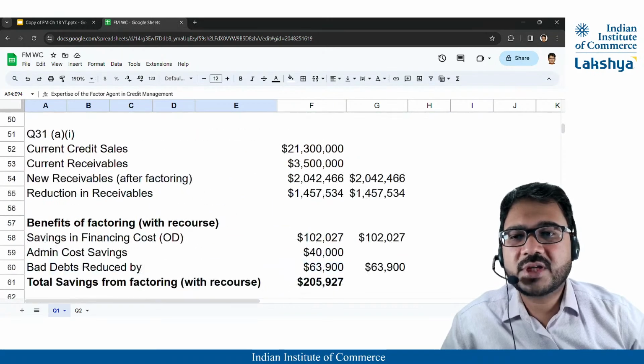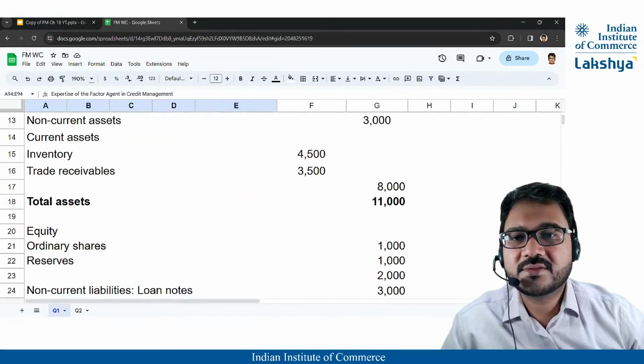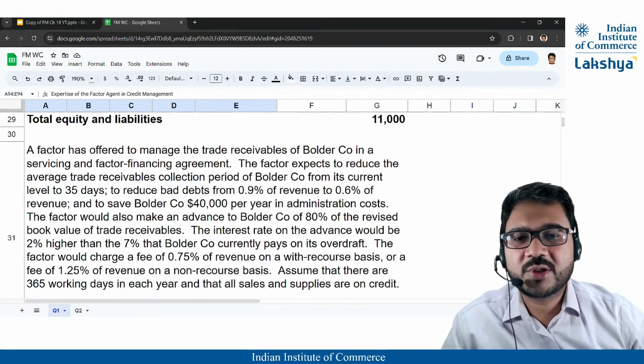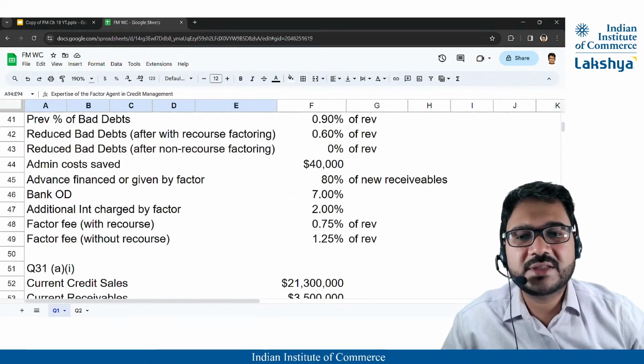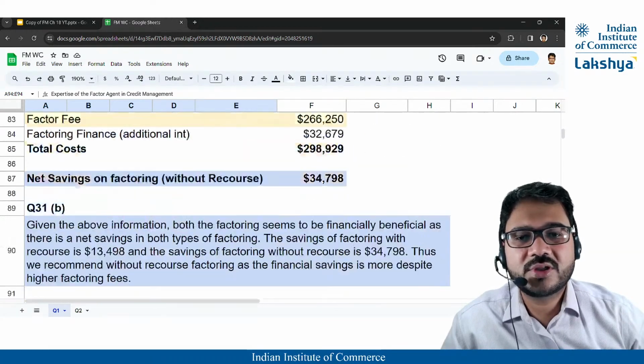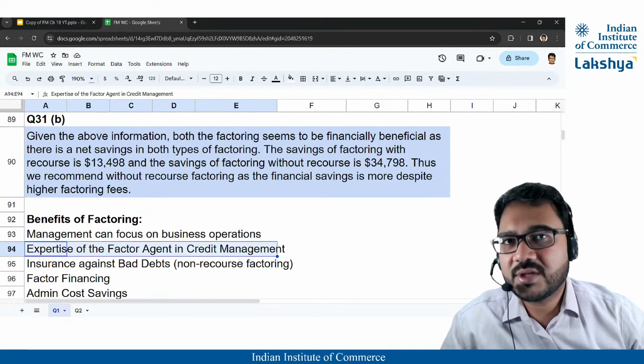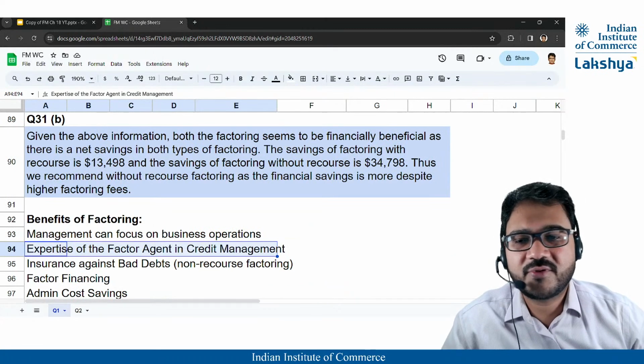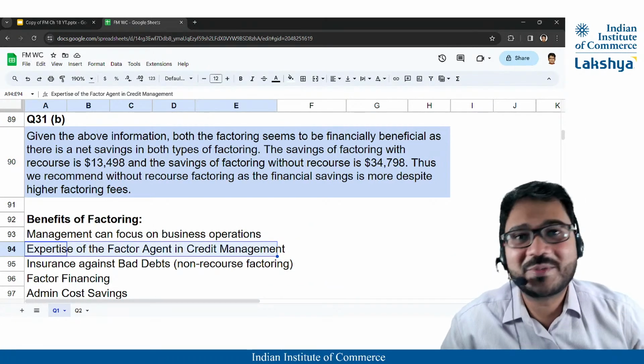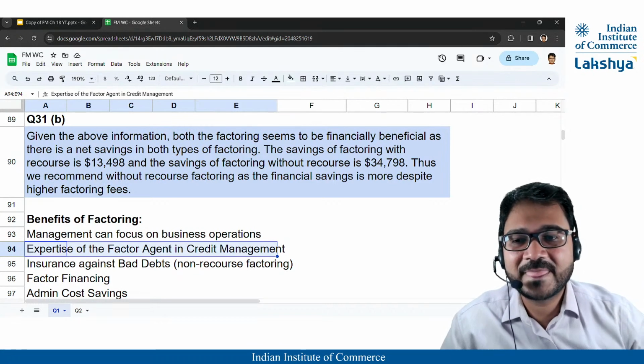What is our business? Our business must be something else. They haven't spoken about the nature of our business, but it's something else. It's not recovering money from receivables for sure, which is the business of factoring agent.